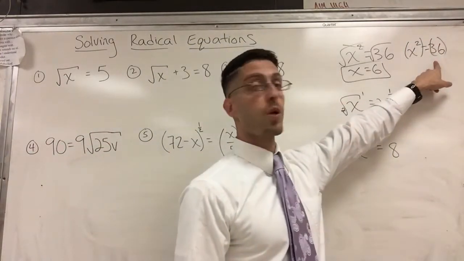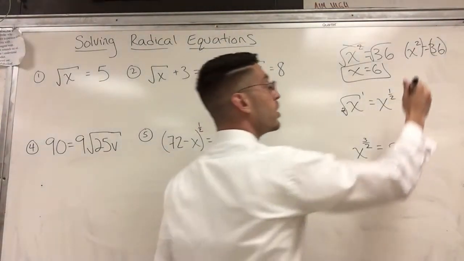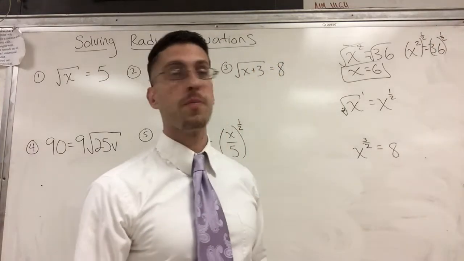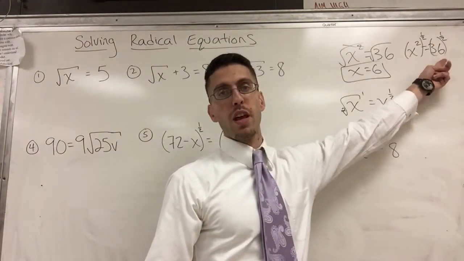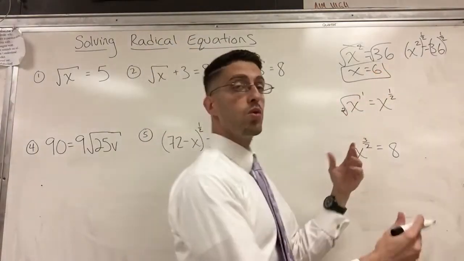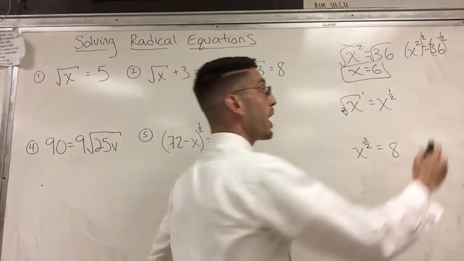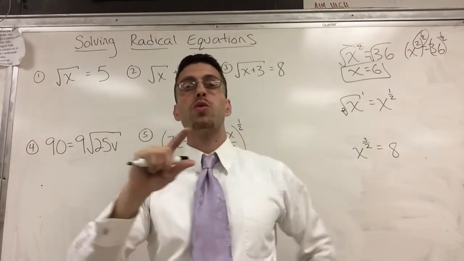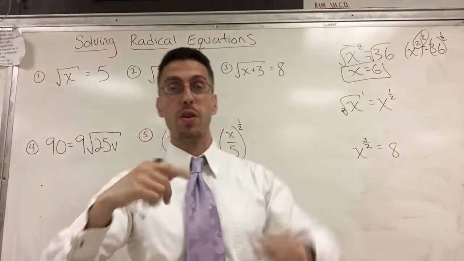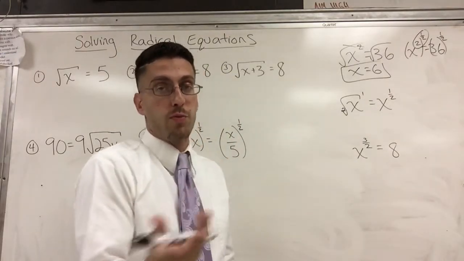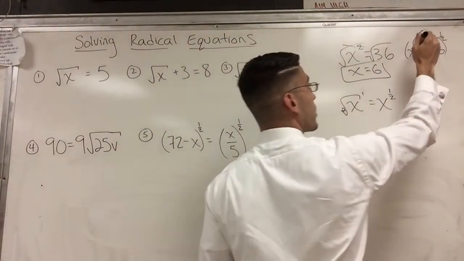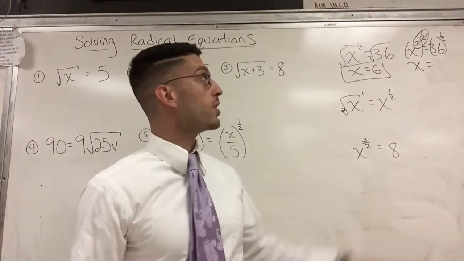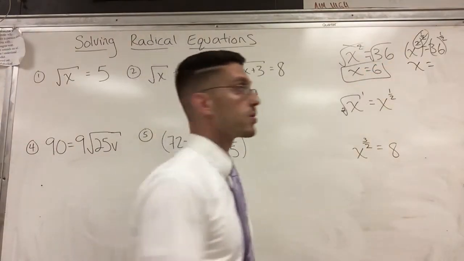What do you do when you raise a power to a higher power? You multiply the powers. So 2 times 1/2, those are inverses or reciprocals of each other, is 1. Half of 2 is 1. So this cancels itself out, and x drops down, and 36 to the 1/2 really means the square root of 36, which is still 6.